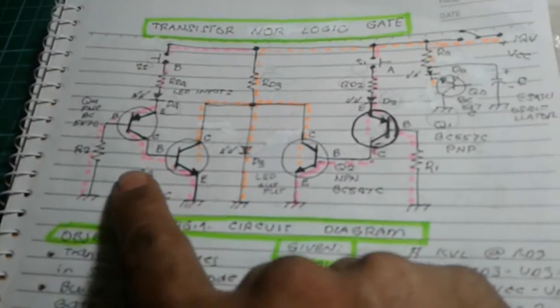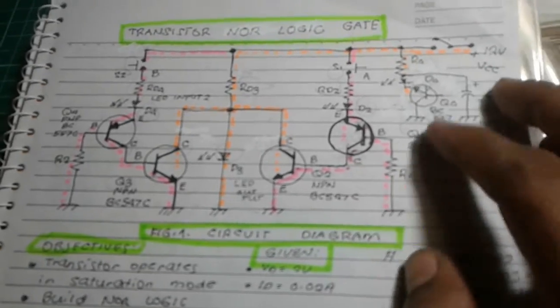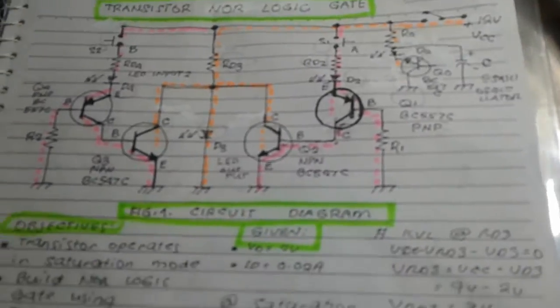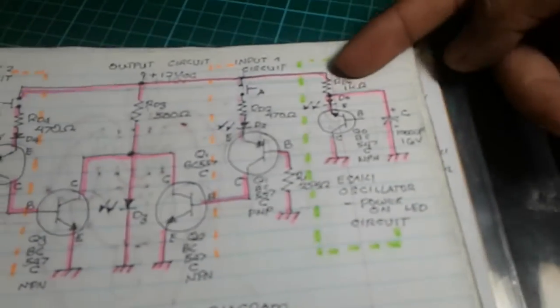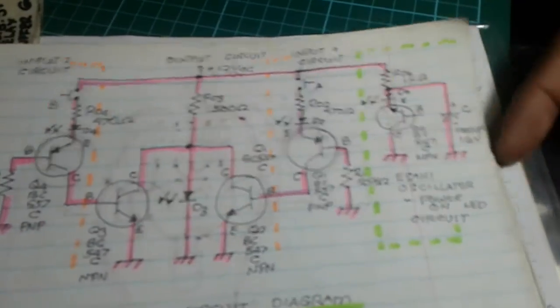Just like the same here, same computation for this. I use KVL at R1. We have the symbol here, and let us check the other circuit. So this portion of the circuit, the Sziklai oscillator.